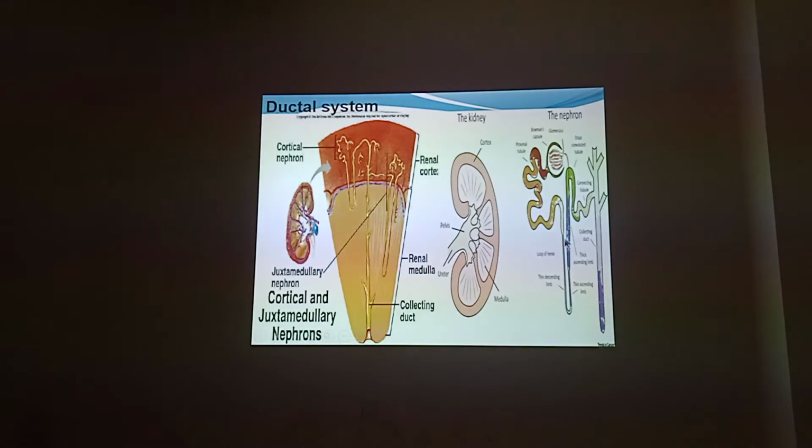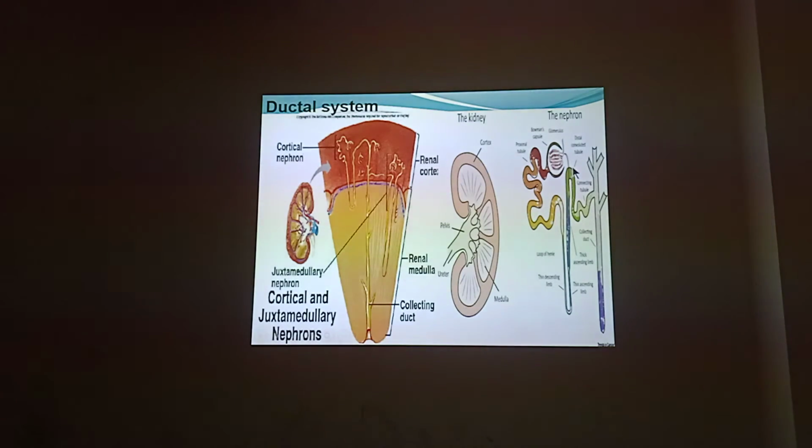Descending limb and ascending limb both are made up of thick and thin segments. Here, where my cursor is going, this is the thick segment. After that, this is the thin segment. So thin is more than thick in the descending limb, whereas in the ascending limb only this much is thin segment. So thin is less than the thick segment.